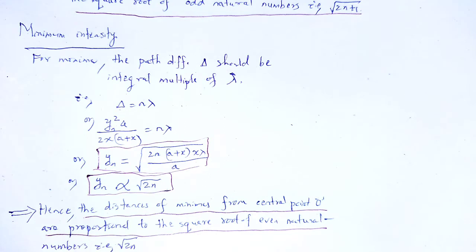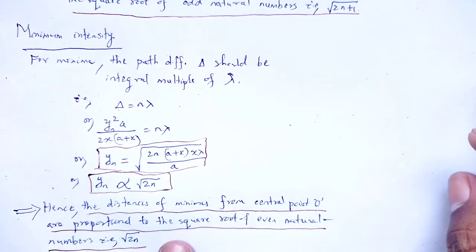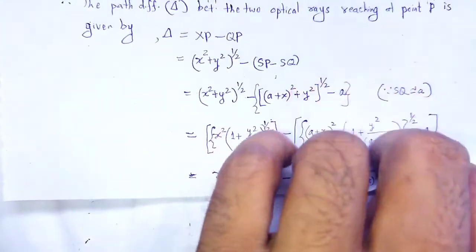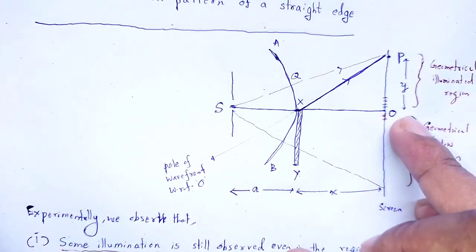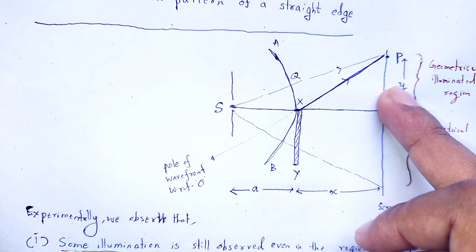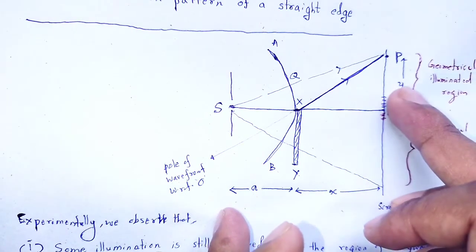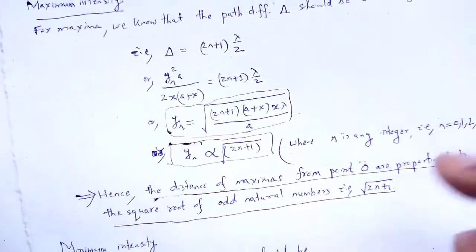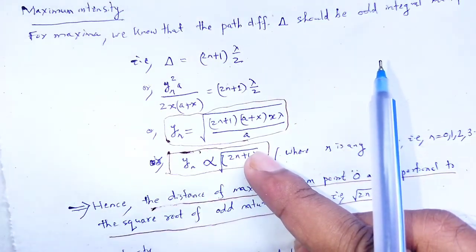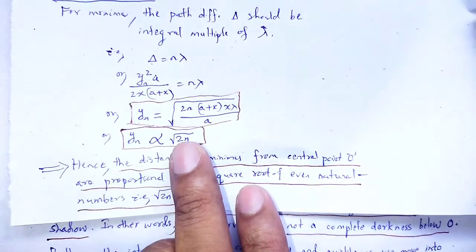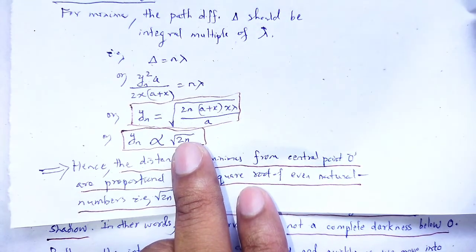From this concept, we say the intensity in the region above the point O on the screen is not constant and changes, since the distance yn is proportional to the under root of (2n plus 1) for maximum condition and proportional to the under root of n for minima condition.